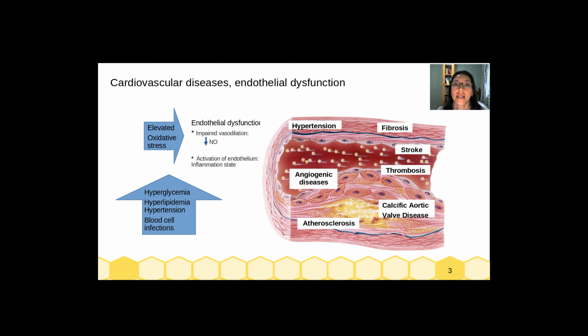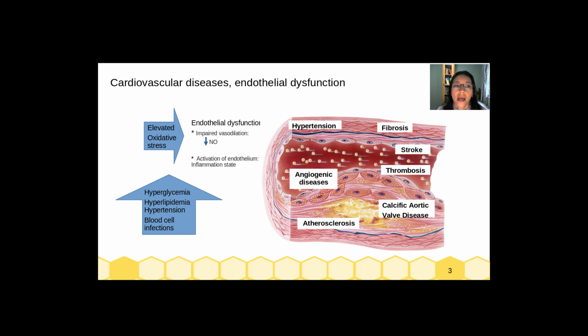But what is the relationship between cardiovascular diseases and endothelial dysfunction? The oxidative stress has been described as a major factor for the development of vascular diseases. The stressor agents include excess of macronutrients leading to hyperglycemia or hyperlipidemia, infection by pathogens, contaminant elements, and hypertension.